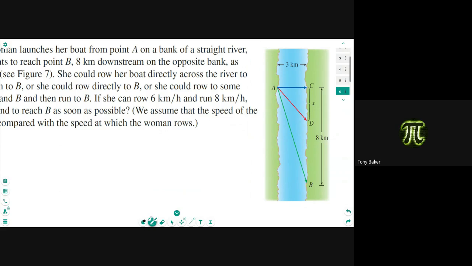How long would it take her if she rowed the entire distance? What do we have to figure out first for that one? Yeah, so we have Pythagorean theorem, we can do this one, right?